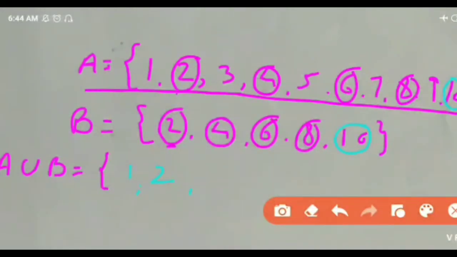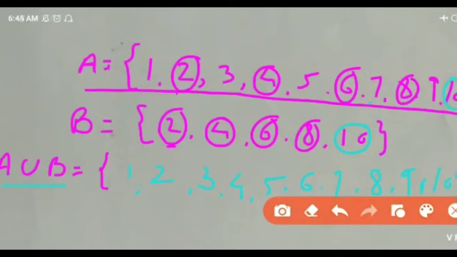So 1, 2, after that 3, then 4, then 5, then 6, 7, see 7 is here, then 8, 9 and lastly 10. Okay, so this is the union set of A and B. This is called a union set.